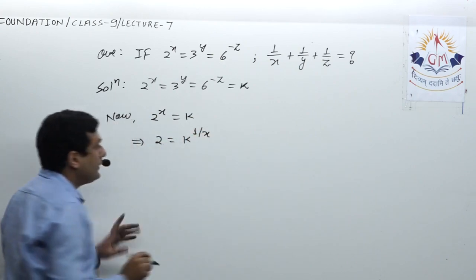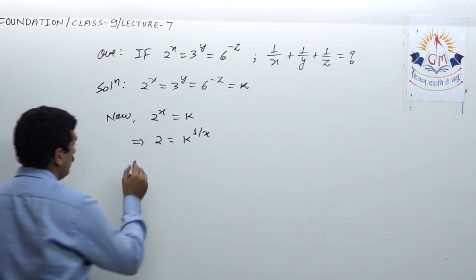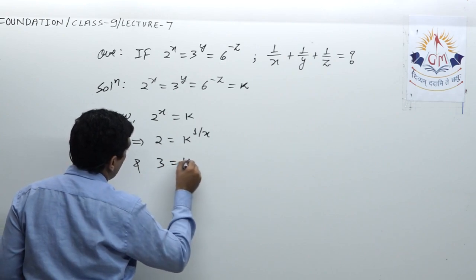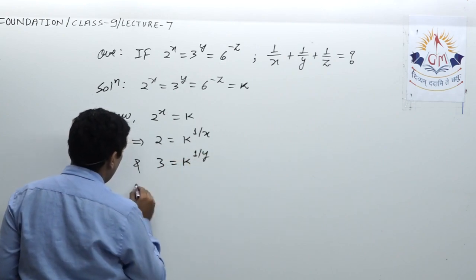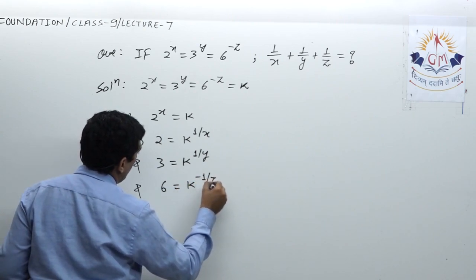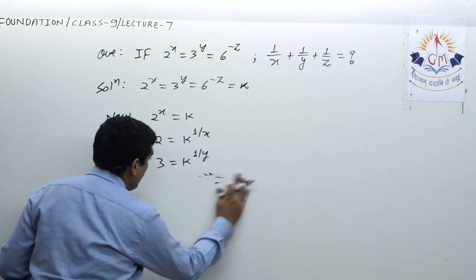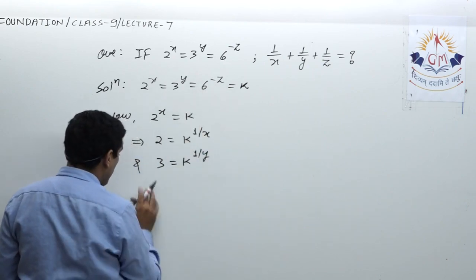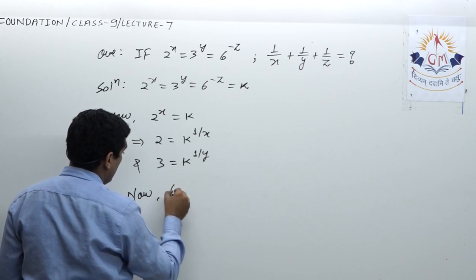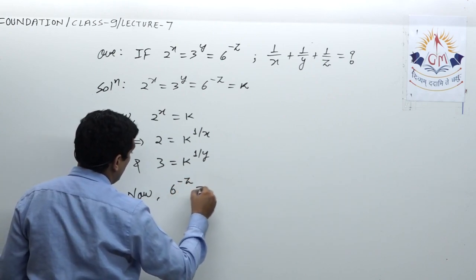Now this time I am doing it directly, and 3 is equal to k raised to 1 upon y, and 6 is equal to k raised to minus 1 upon z. Now if you are getting confused because of this, so I am solving it for you. Now 6 raised to minus z is equal to k.